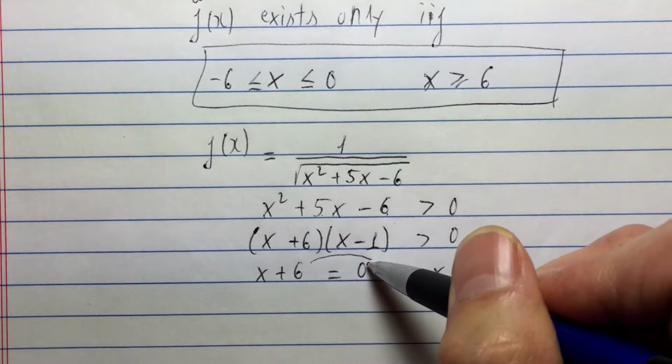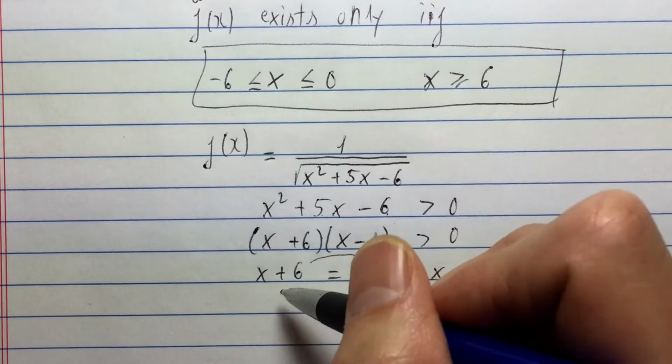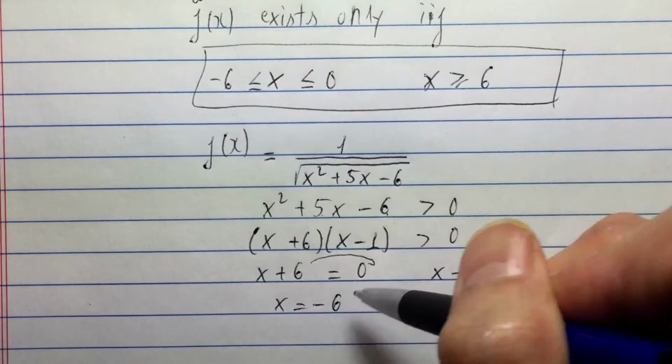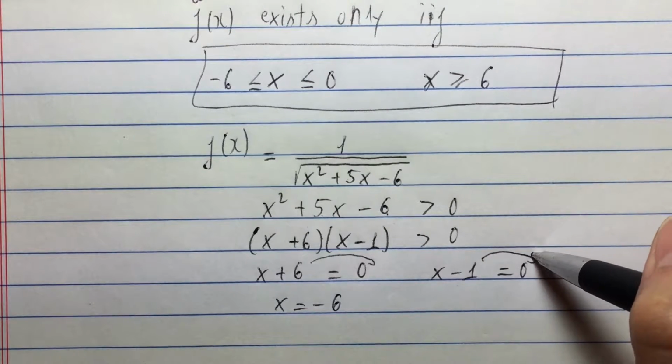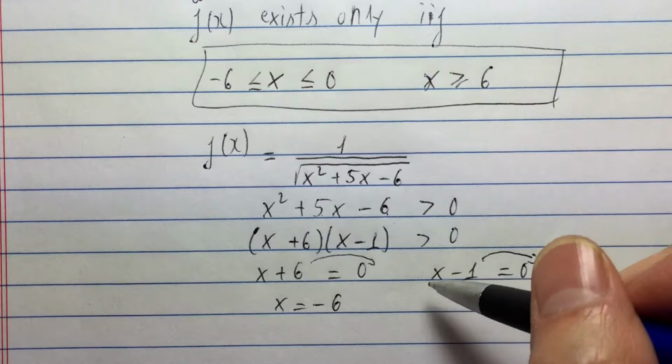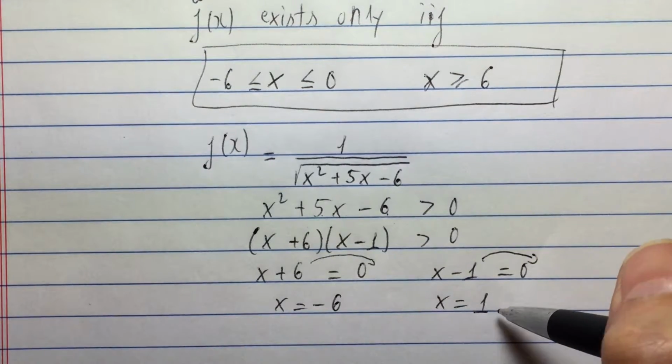Now I move plus 6 over and change sign, so plus becomes minus. So x equals minus 6. Do the same thing, move 1 over and change sign, so minus becomes plus. So x equals 1.